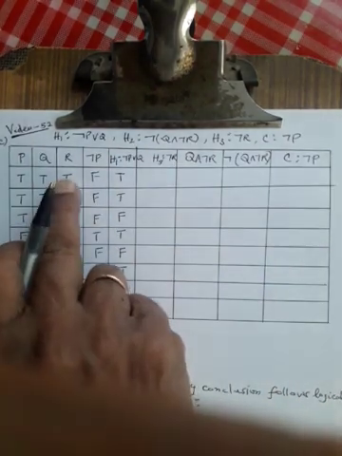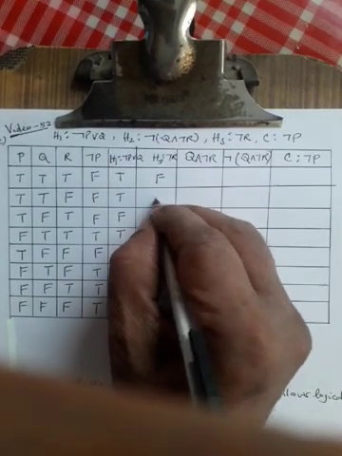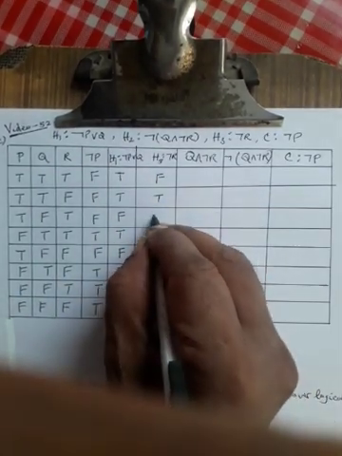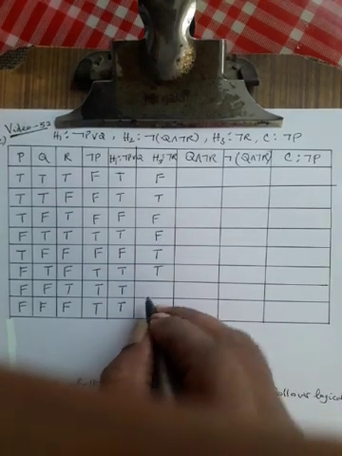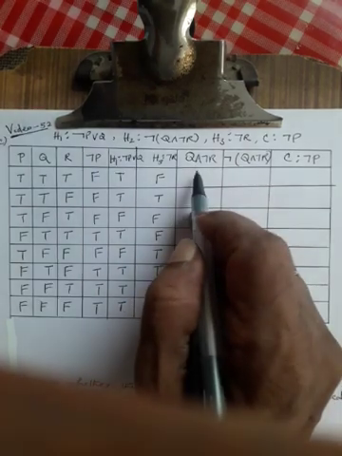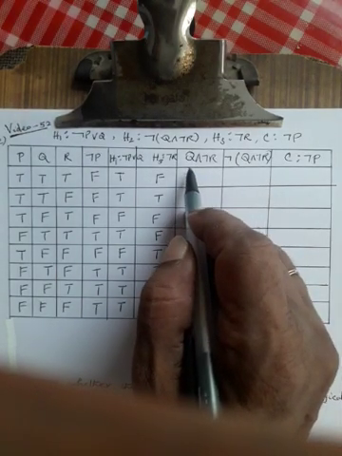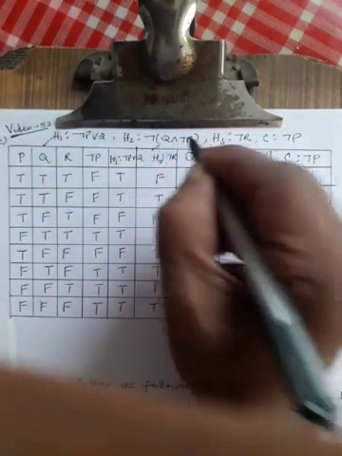We need negation R here, H3. T is F. F is T. T is F. T is F. F is T. F is T. T is F. F is T. And then the H: Q and negation R. Q is here. Negation R is here.